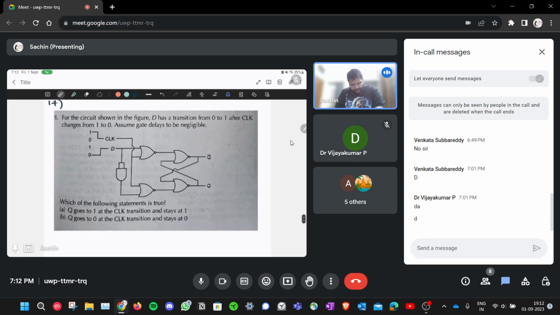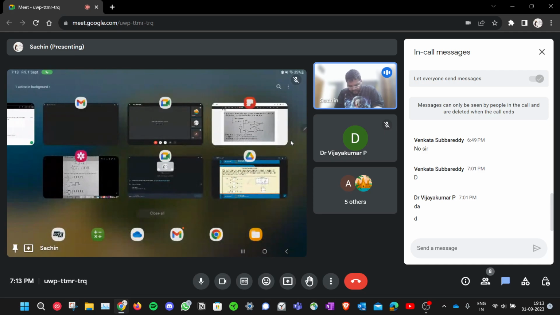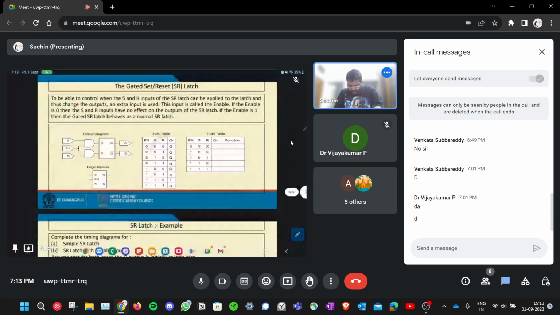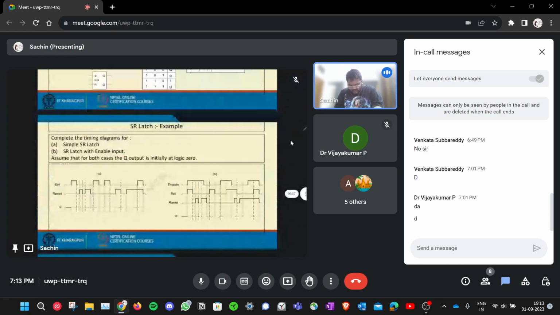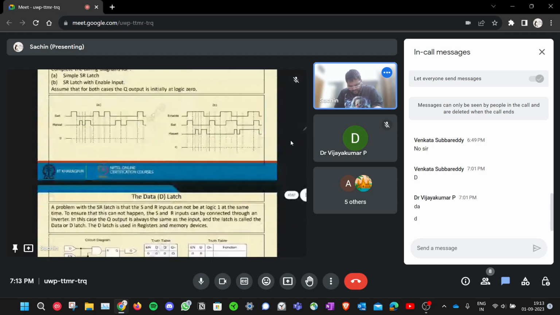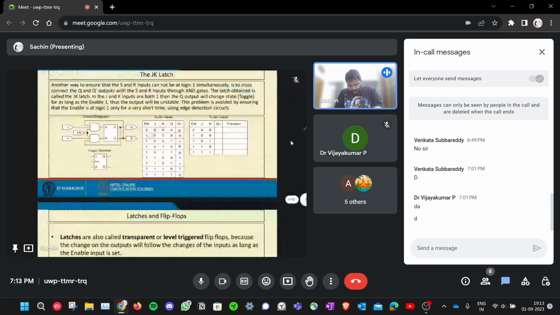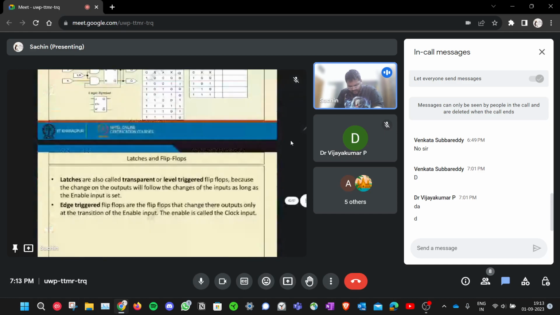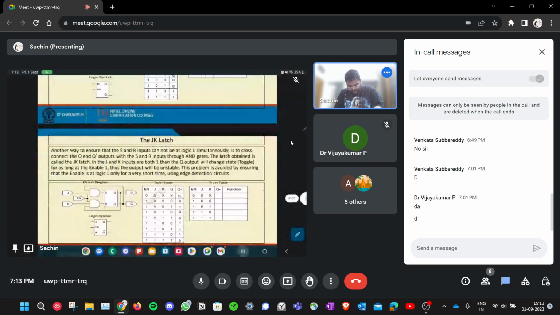I'm not even sure if the circuit is proper, because usually what happens is the clock and your input are ANDed, right? Yeah, your enable and your inputs are ANDed. So here they have given a NOR instead of that. So I am not really sure what happens.